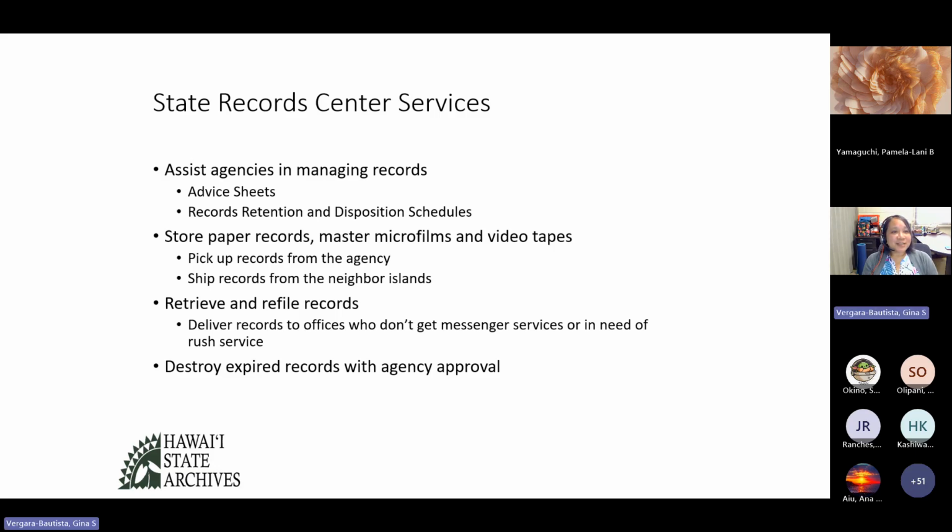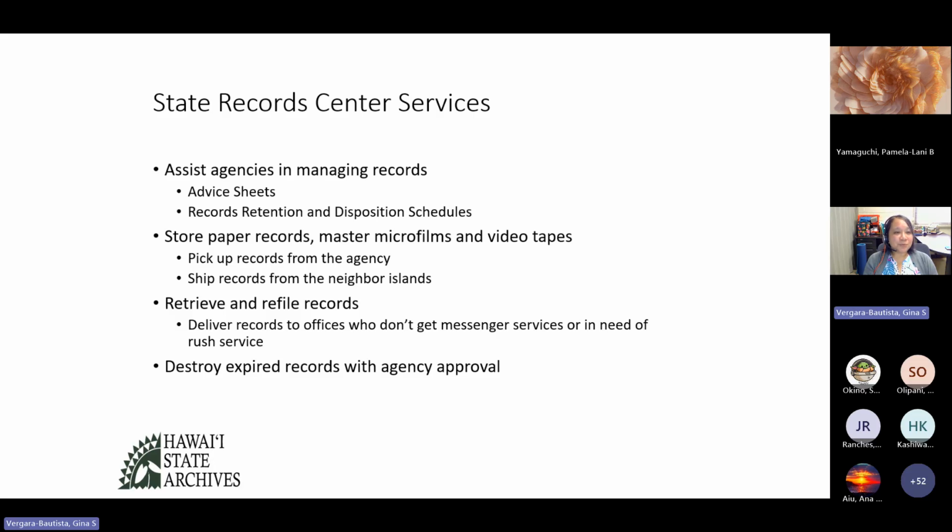The state record center services are as follows. We assist agencies in managing records. We issue advice sheets every so often when there are major records management type issues that come up. We also help you create, update, or abolish records retention and disposition schedules.